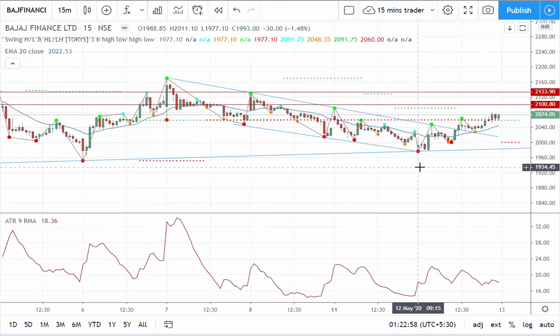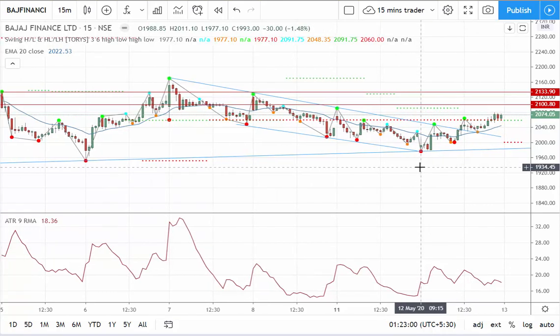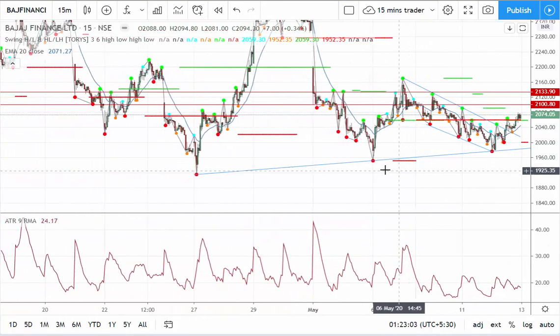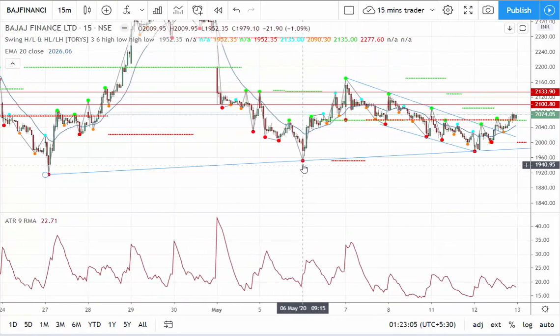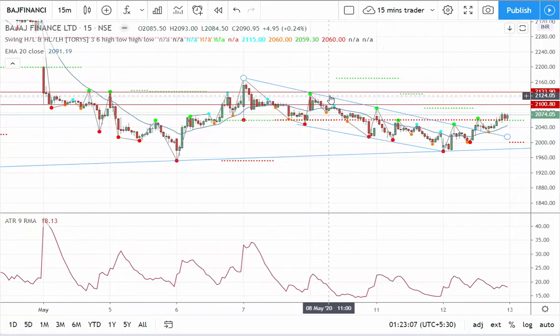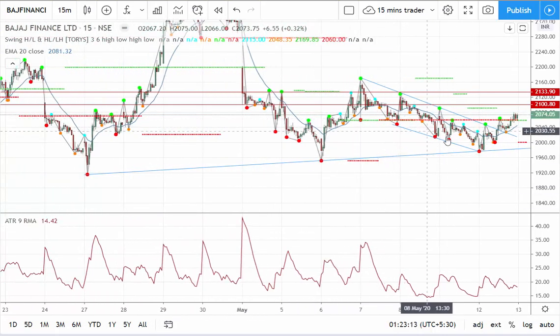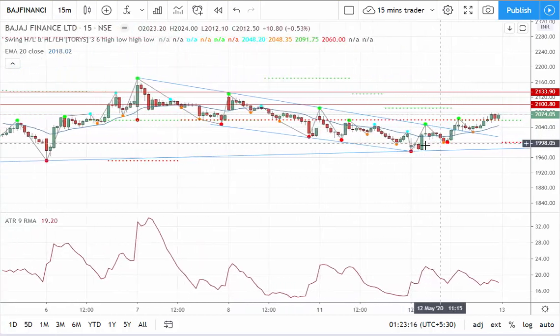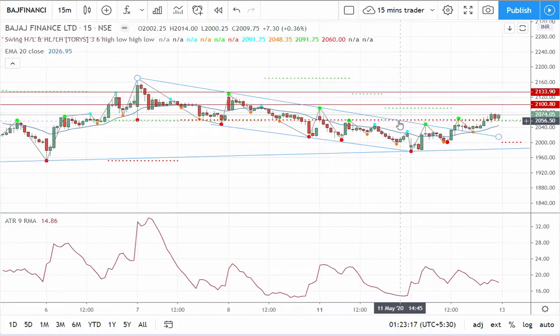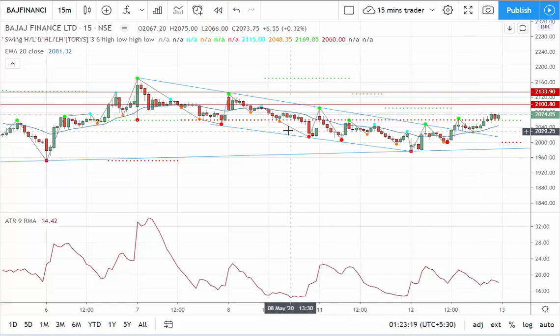So I'll just summarize. Today we have learned to draw trend lines connecting the higher highs and lower lows. So just see there's a point of support and where you can book profits. These points you can book profits.